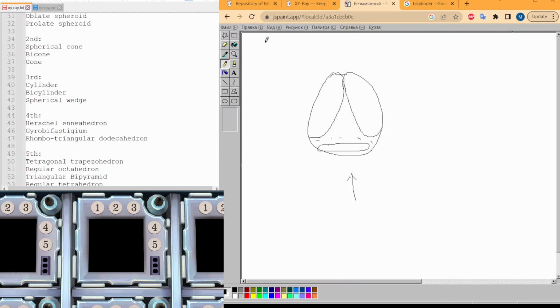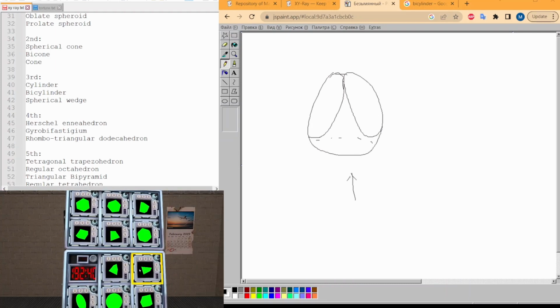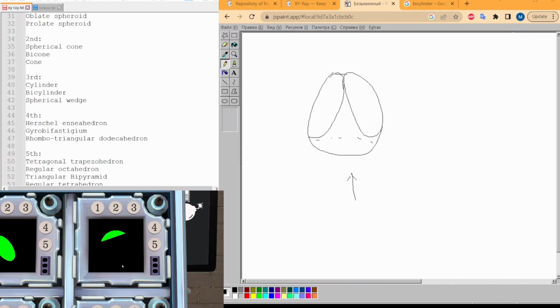If it's from a different perspective, like here, for example, here it goes straight from the side, so its section is just like this.